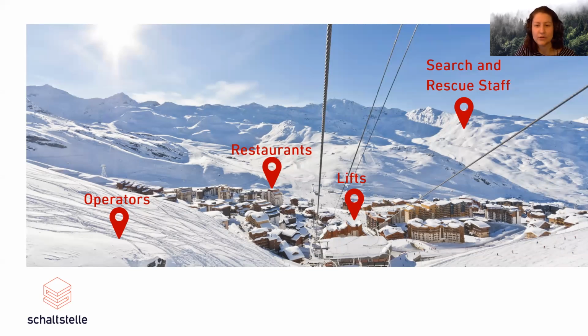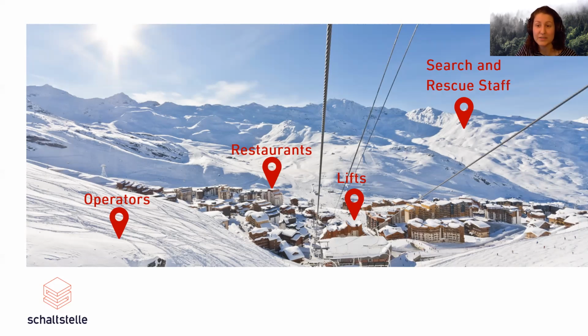And usually they are organized like a normal enterprise. But the difference to a normal enterprise is they have a large variation of their staffing because this depends on how many people are skiing in the area. And this depends on the day of the season, on the weather, on the snow, and on many other parameters.